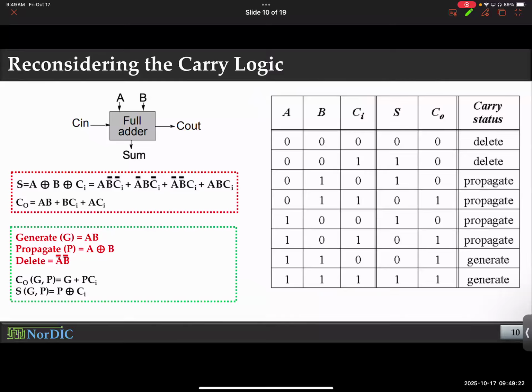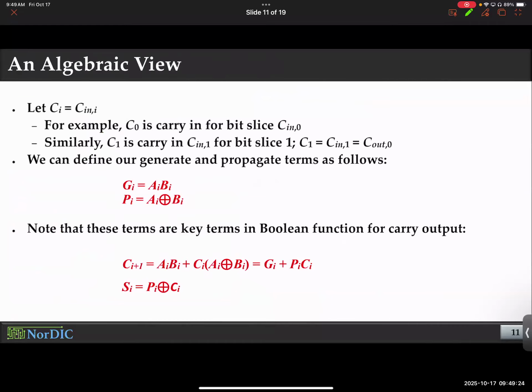Let me take a step back here. Now, let me show you one thing. Let's go to this slide, and I'll get back to the previous slide. Have you seen the sum function before? A XOR B XOR carry in? We've seen that many times, haven't we? So there is one way to represent that.